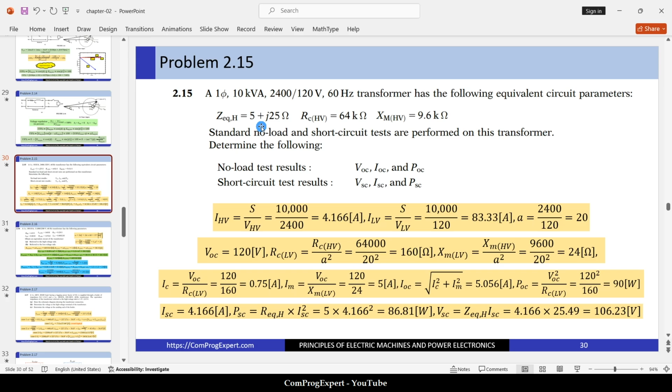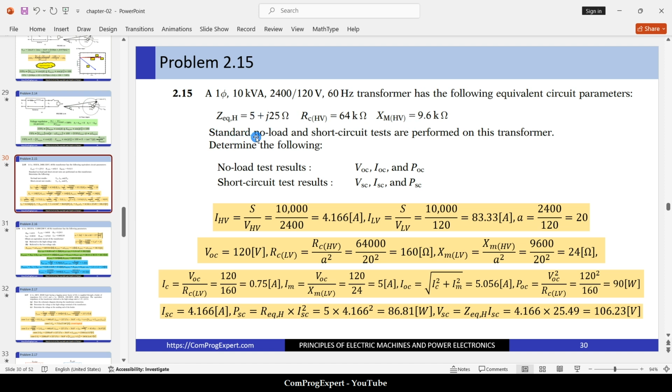This is the Z equivalent for the high voltage side. This is the equivalent core resistance for the high voltage side. The magnetizing reactance is also given for the high voltage side. Okay, so we have the model of the transformer for the high voltage side.